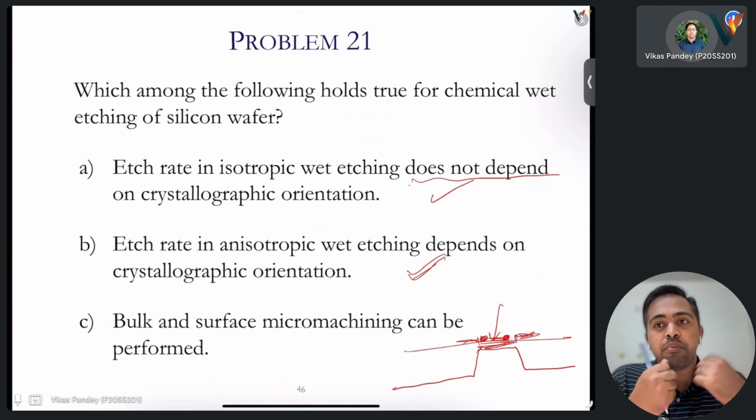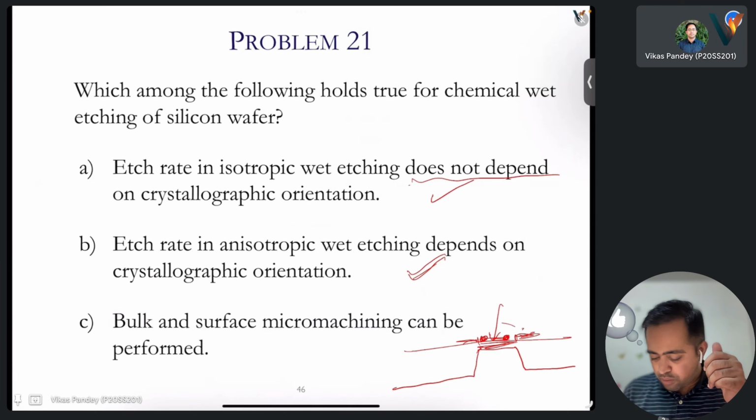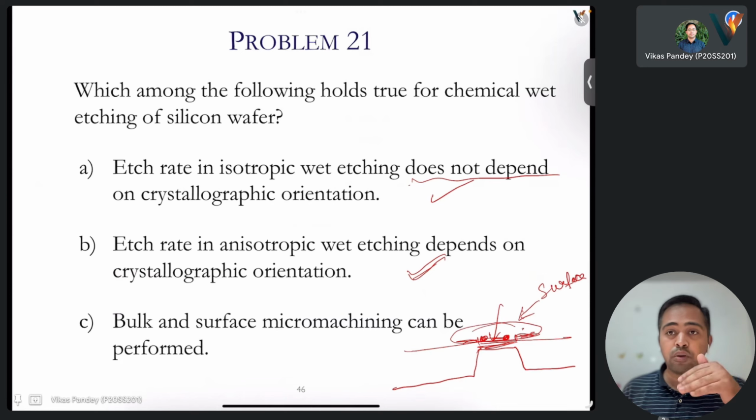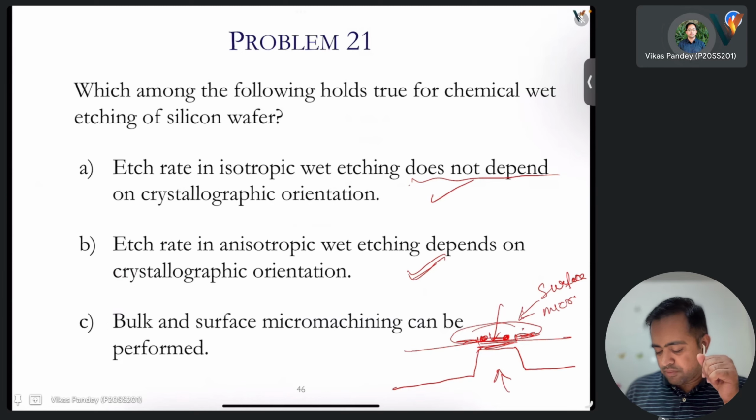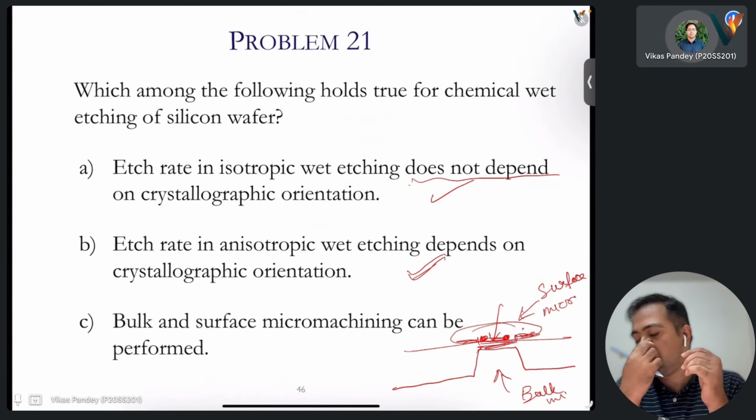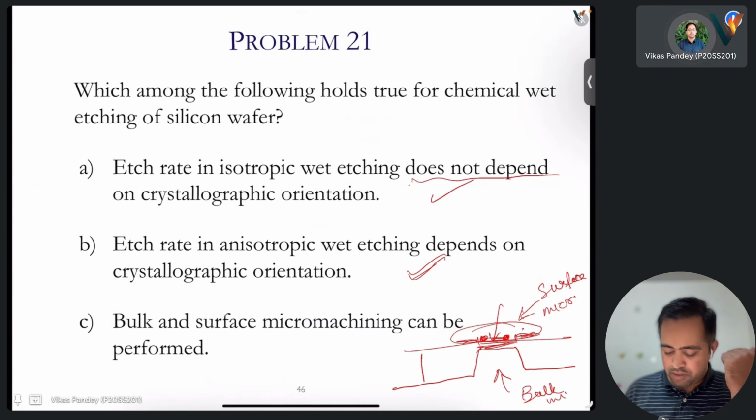And remember, the resistance depends on L and B and such structures. So the top structures are made using surface micromachining here. It is not always necessary that the top will be surface and the bottom will be bulk, but here it is. At the bottom, it is made using bulk micromachining, because it goes through almost the whole thickness of the wafer, say around 350 micron.